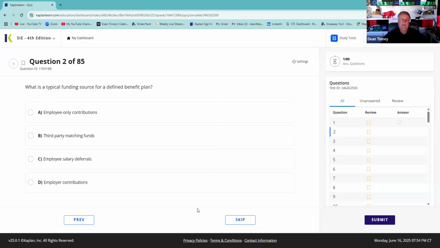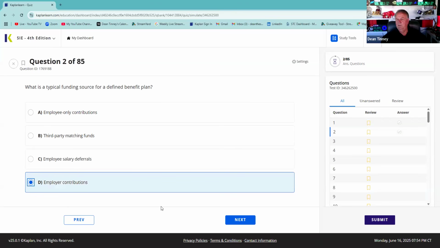What is a typical funding source for a defined benefit plan? Employer contributions. D. Yep, D, right on. I don't know many employers anymore who hand these out. Ooh, this is sweet. We say, hey, after X number of years, you're going to get a percentage of base pay, healthcare for the rest of your life.